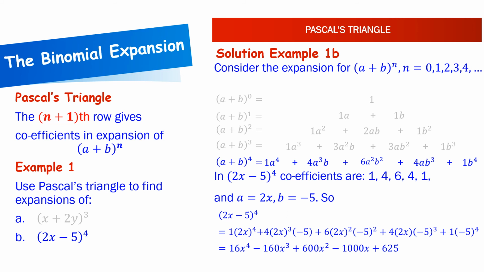And then tidying up gives us 16x^4 - 160x^3 + 600x^2 - 1000x + 625.